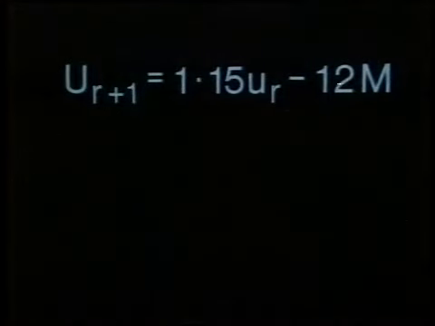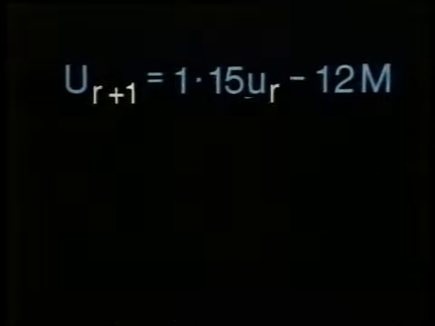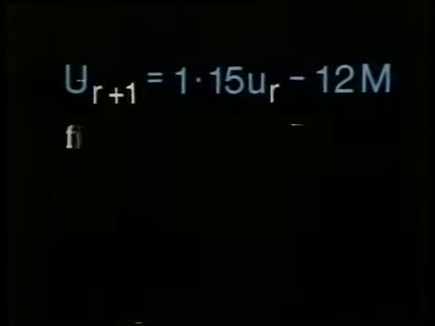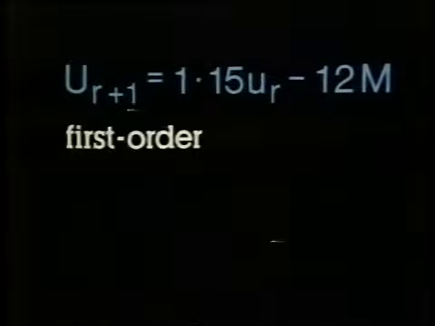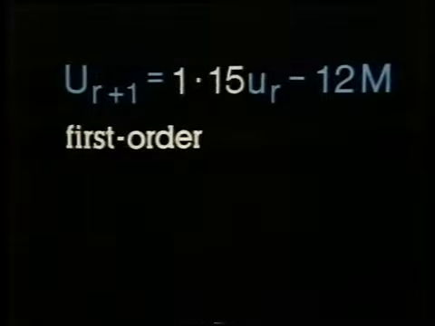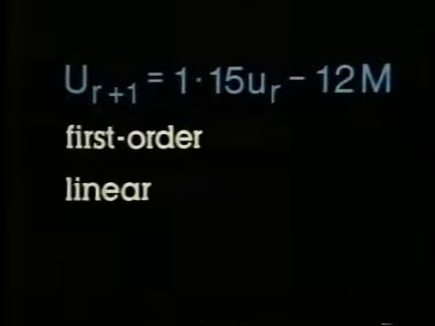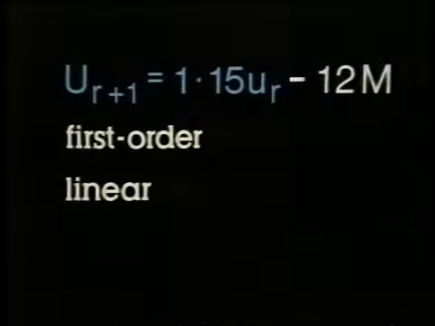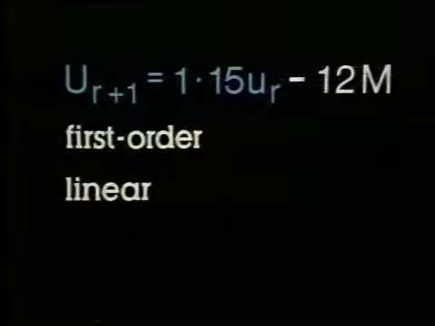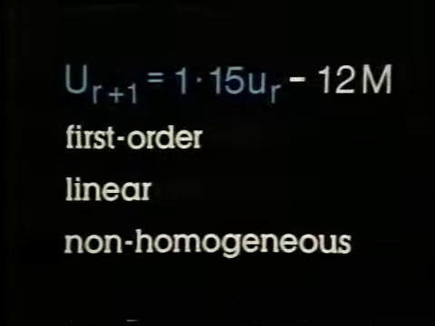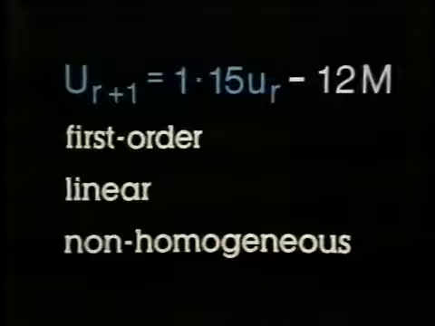Now, it only involves U_(r+1) and U_r, so it's first order. And it's a constant times U_r, so it's linear. And this minus 12M here means that it's non-homogeneous. And using the techniques in the text, we can solve it.